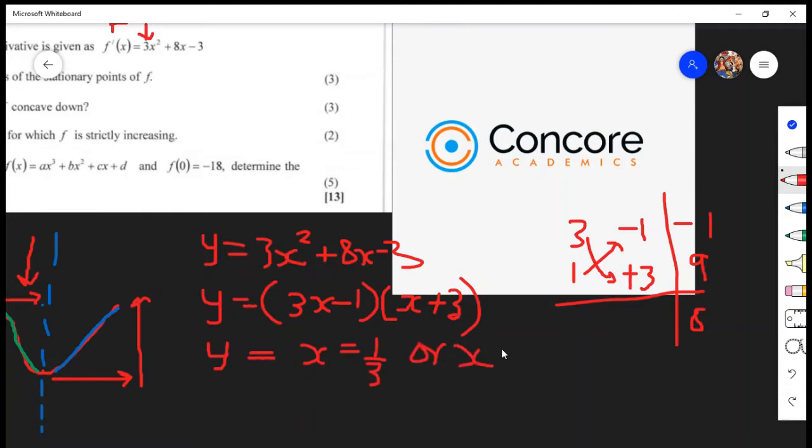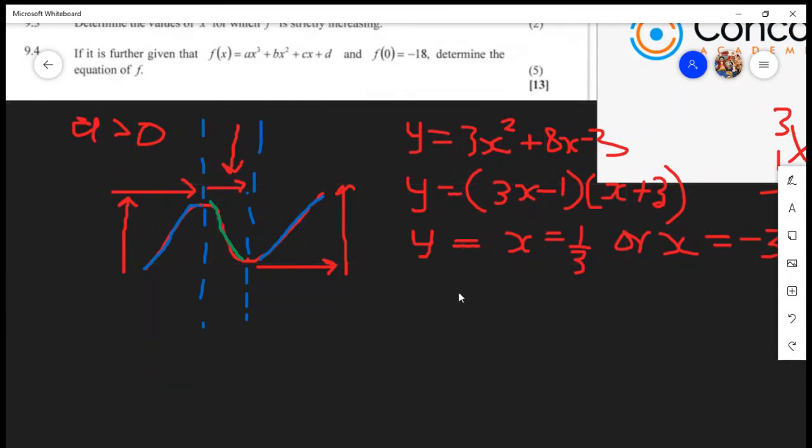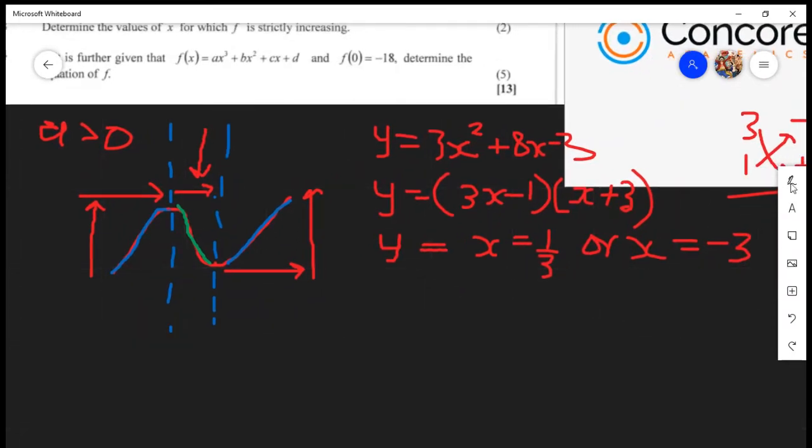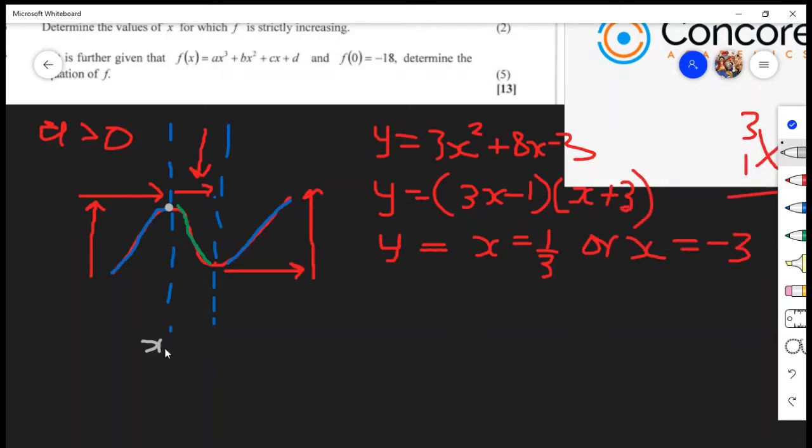Okay, so now that we have our x values, we know that this point over here is going to have an x value of negative 3, and this point over here is going to have an x value of 1 over 3.